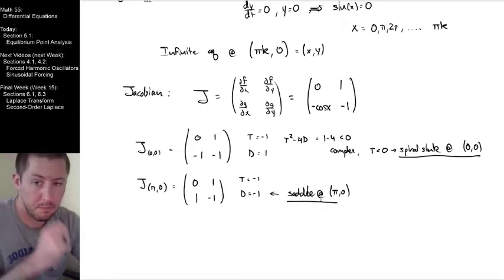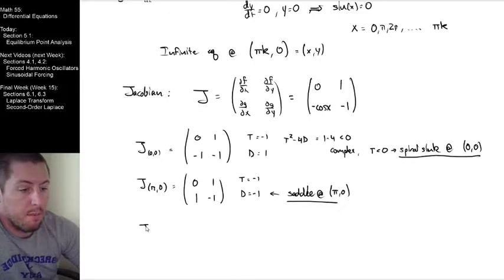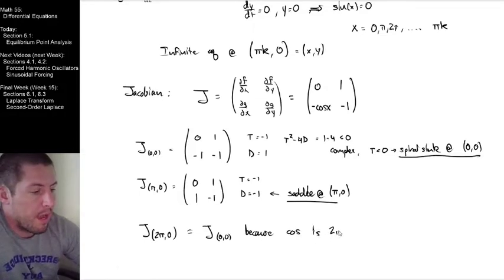And so here's the next thing I'm thinking. Our next one would be at 2 pi, 0, but this should just be the same thing as we got at 0, 0, because cosine is 2 pi periodic.